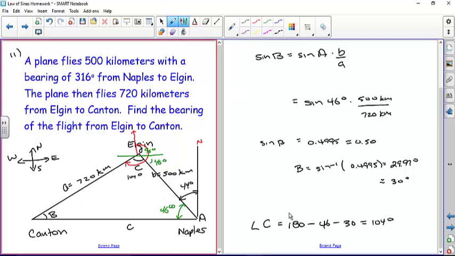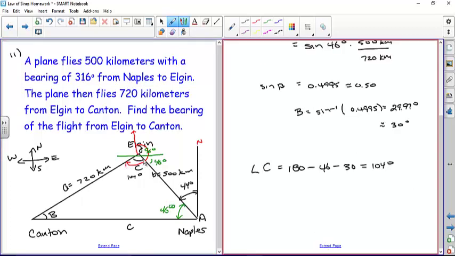So the actual bearing is going to be 90 degrees. That gets me to east to this horizontal line, plus 46. That gets me down to this line, and then I'm going to add another 104 degrees. So you got 90 plus 46 plus 104. So that's equal to 240 degrees.